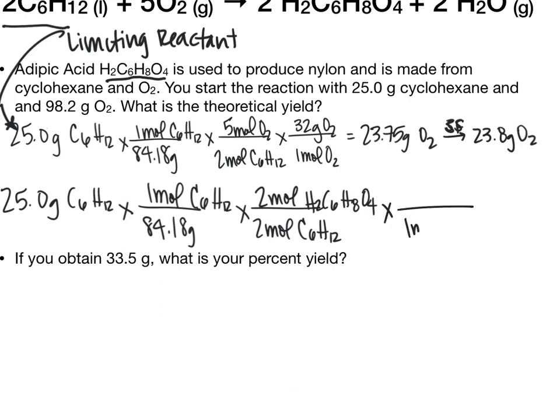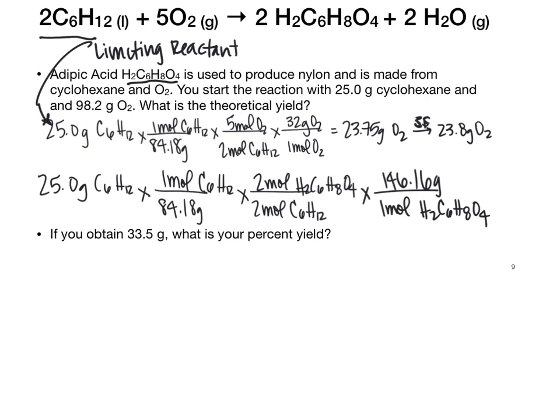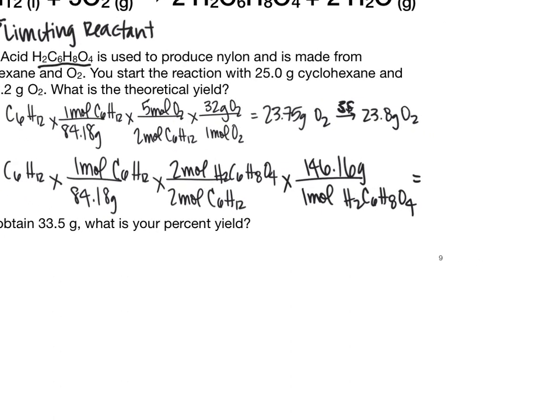And 1 mole of H2C6H8O4 weighs 146.16 grams. When we plug this all into our calculator, we get 43.4 grams of adipic acid is our theoretical yield.